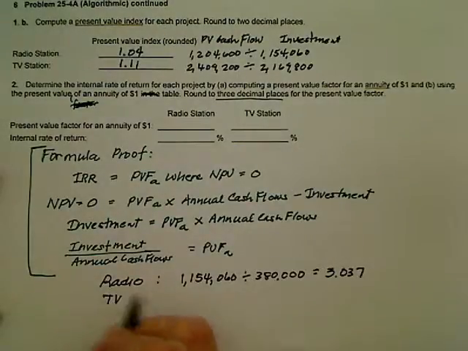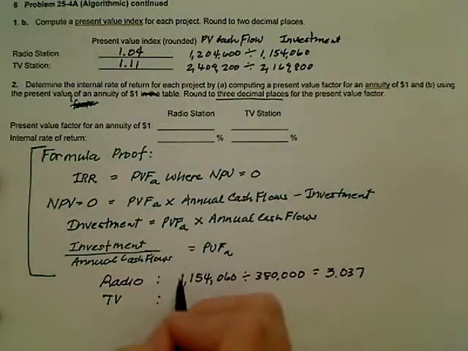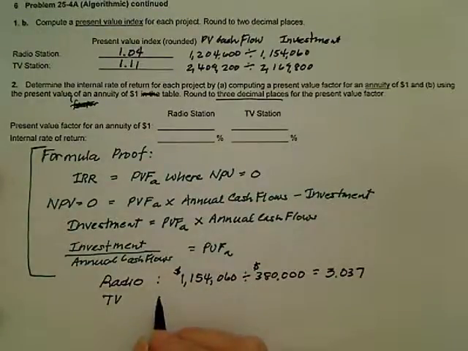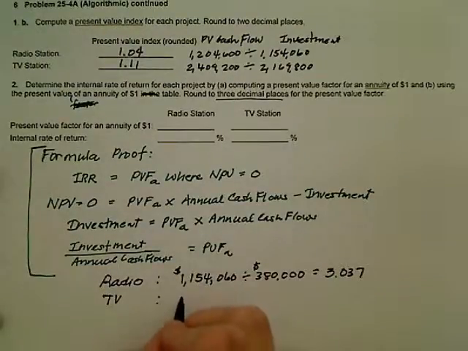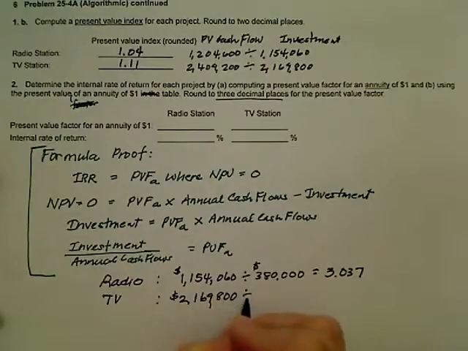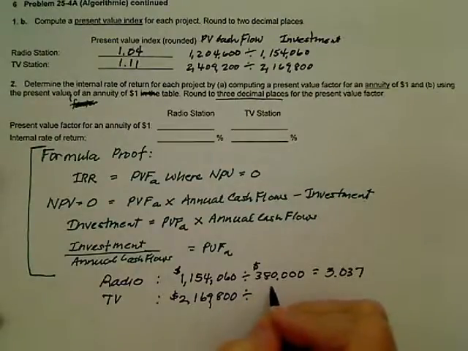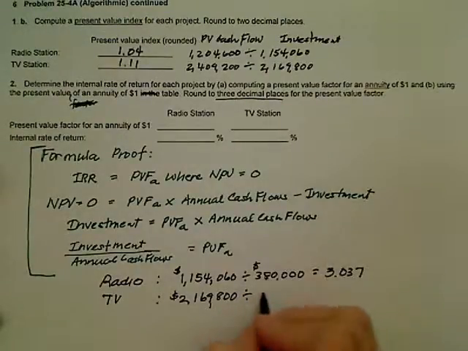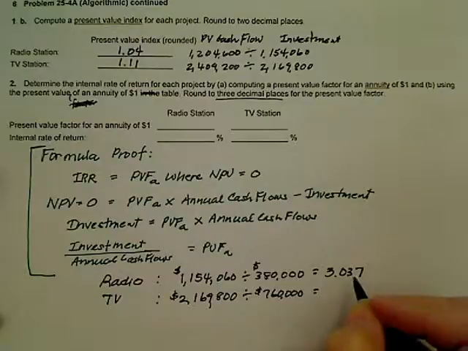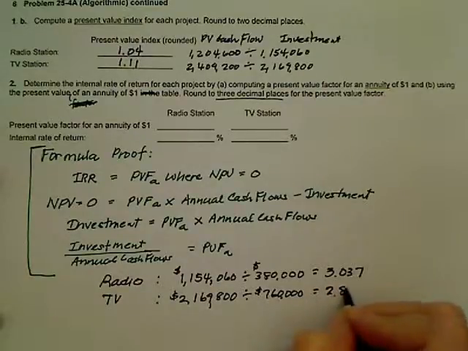For the TV station, we have 2,169,800 divided by 760,000 equals 2.855.